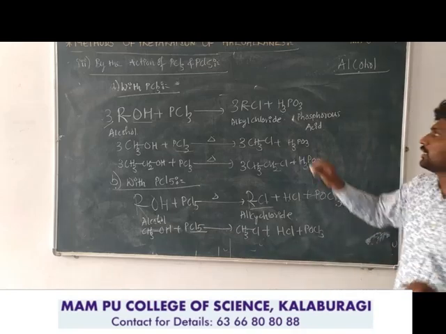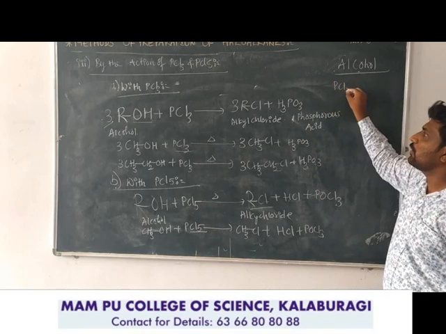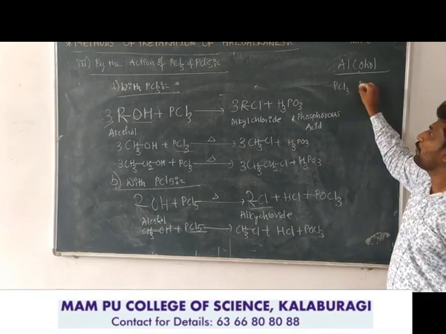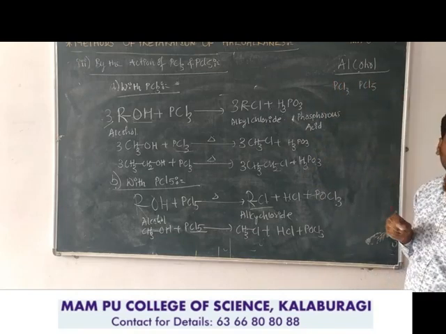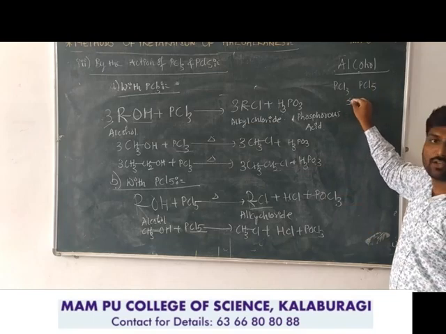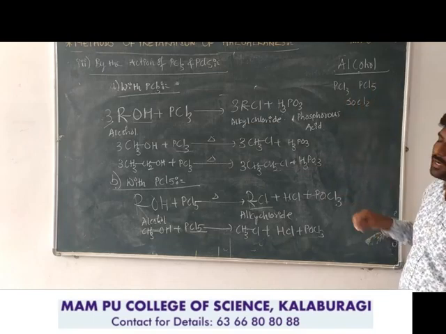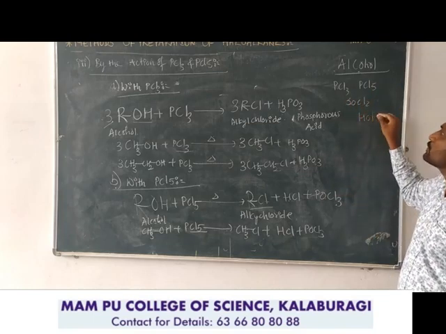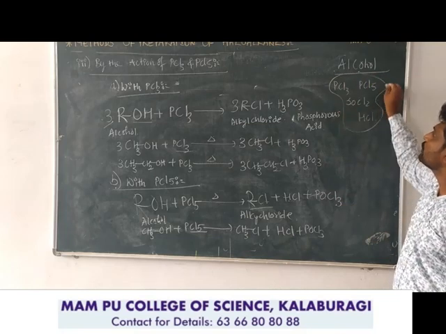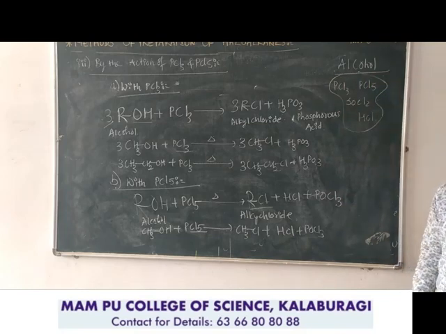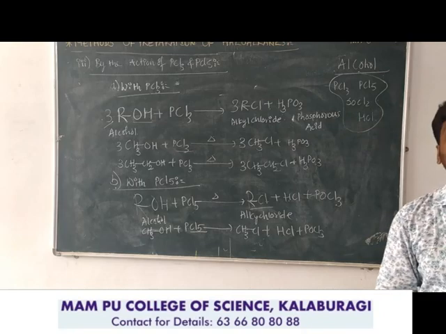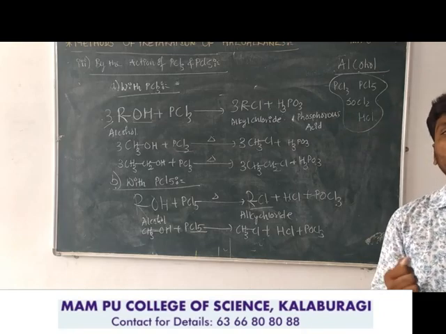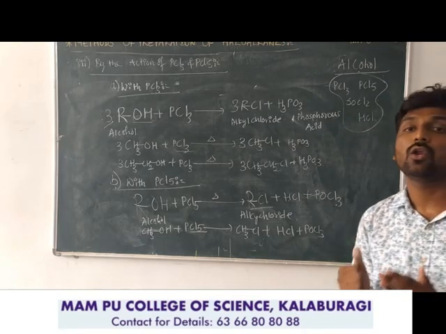If you take phosphorus trichloride, you will get alkyl chloride, phosphorus pentachloride, you will get alkyl chloride. Thionyl chloride, you will get alkyl chloride, and HCl from Groves process, you will get alkyl chloride. So these are the 4 reagents I can use for the preparation of chloroalkane from alcohol.